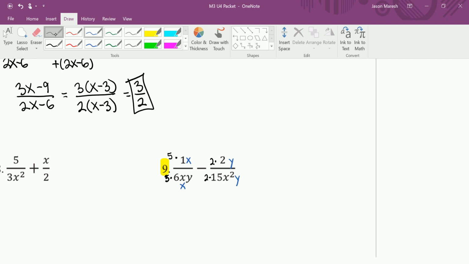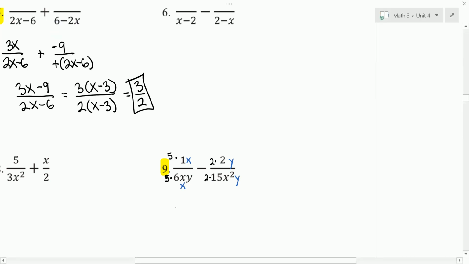And the purpose is to get a common denominator, so we end up with 5x over 30x squared y minus 4y over 30x squared y. Denominators match, so we can subtract now, and we get 5x minus 4y over 30x squared y.